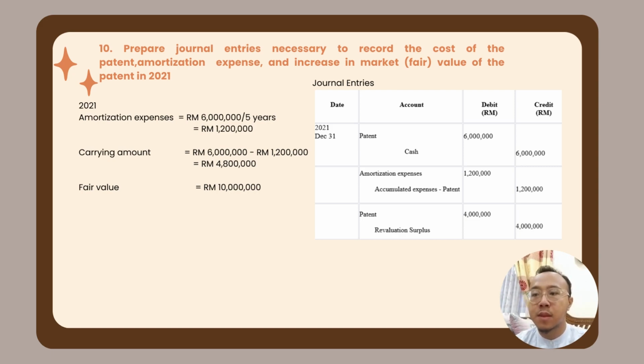For the second, we need to put the amortization expense as debit and credit accumulated amortization patent with the amount of 1 million 200,000. For the third, patent must be debited and credit revaluation surplus with the amount of 4 million.